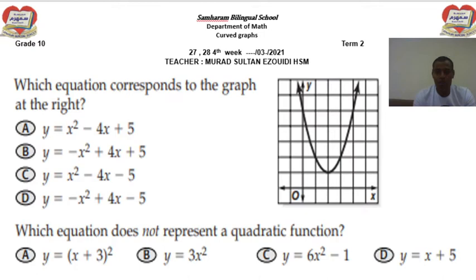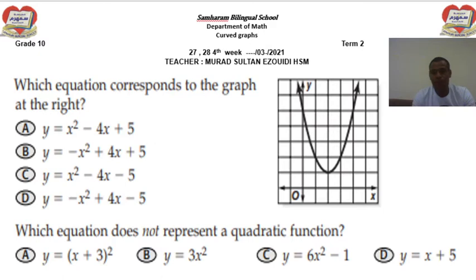First of all, the parabola is like a valley, which means it opens upwards, so the coefficient of a should be positive. This point is the minimum point, at x equals 2, y equals 1. This is the turning point.